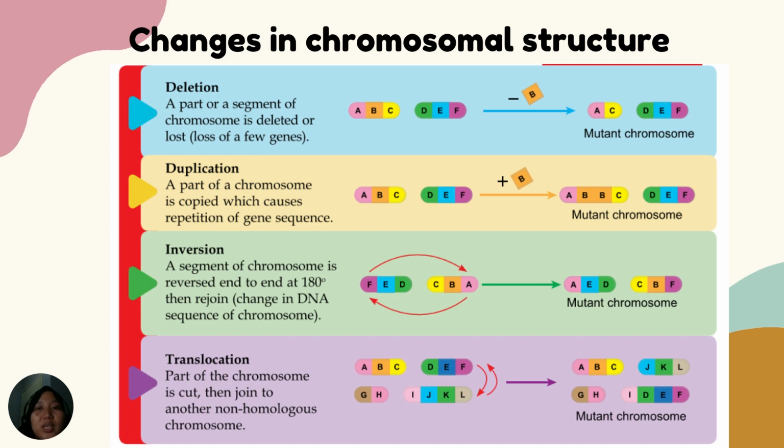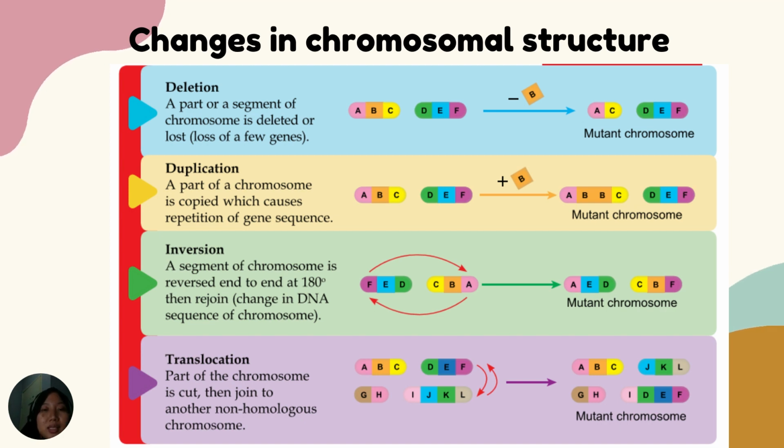Trans means change. Location, of course, is location. So it will change the location of the segment. You can see here, between two chromosomes, there's a change of locations. This is the normal, original one, A, B, C, D, E, F, and then you have another one, G, H, I, J, K, L, and then this segment here, F and K, has been translocated.